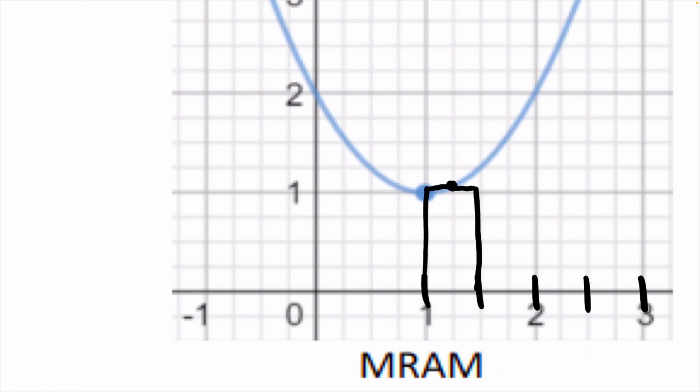The midpoint is determining how tall the rectangle is going to be. So then I'm going to go to 1.75, and I'm going to go up and make a dot, just above 1.5.